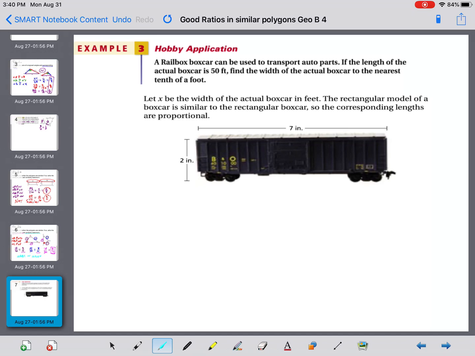So if we have a model that is 2 inches and 7 inches, we know that it's going to relate to the actual boxcar, which is 50 feet in length, and the width is what is unknown.